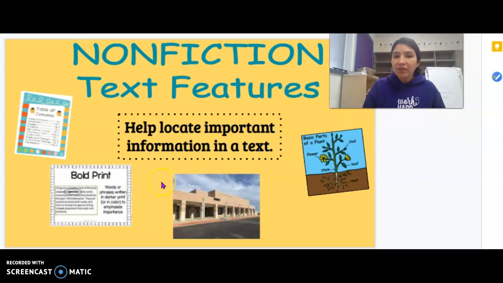So remember, text features are important because they help us, the reader, find or locate important information in a text. Okay? So if I said, hey, let's read a little bit more about plant parts, and we're reading about it, and we need an example so our brains better understand what we're learning. Well, we can look at the diagram with the labels to help us understand a little bit better. Okay? So that's just an example of why text features are so important.